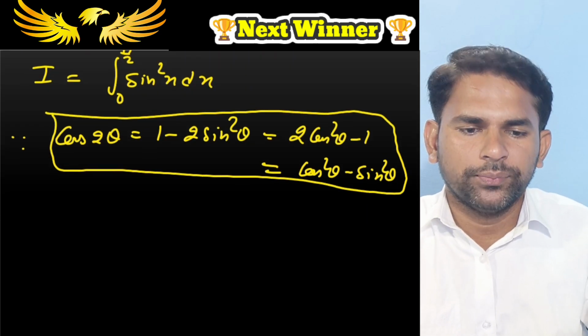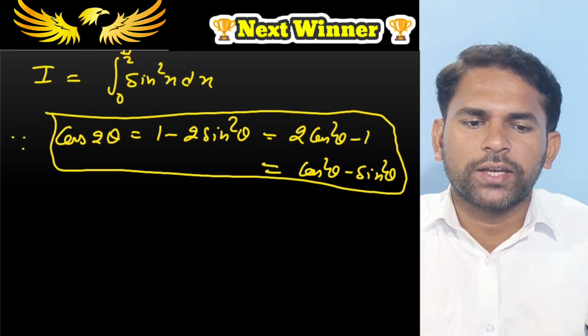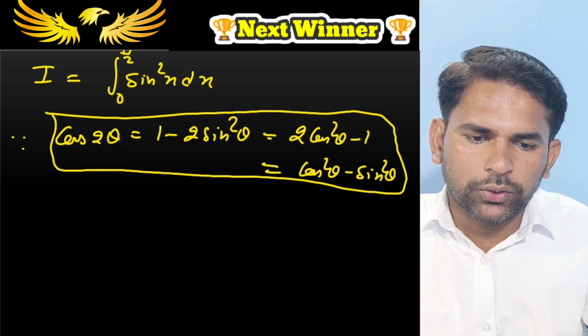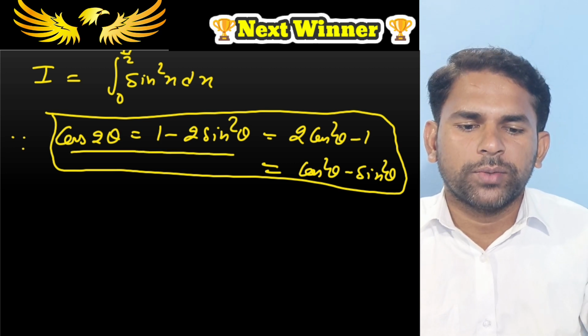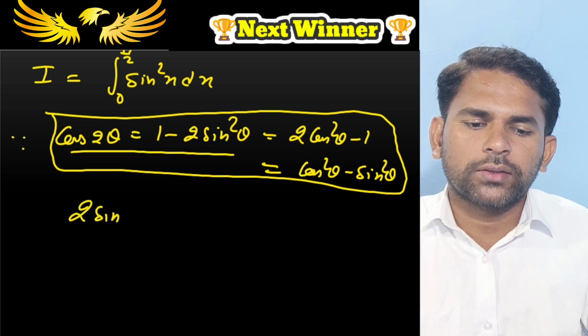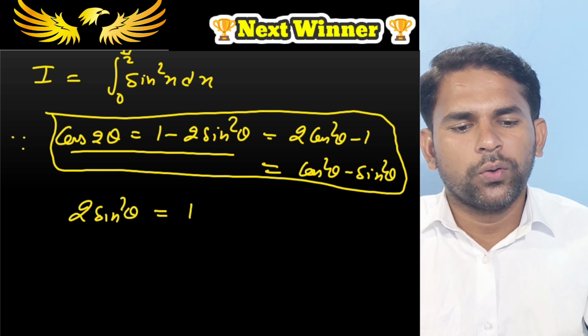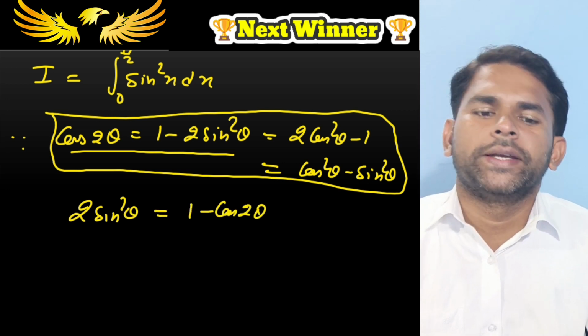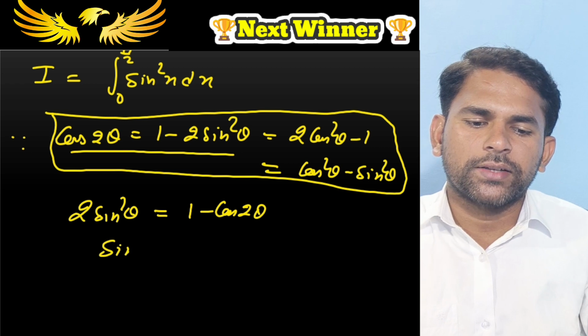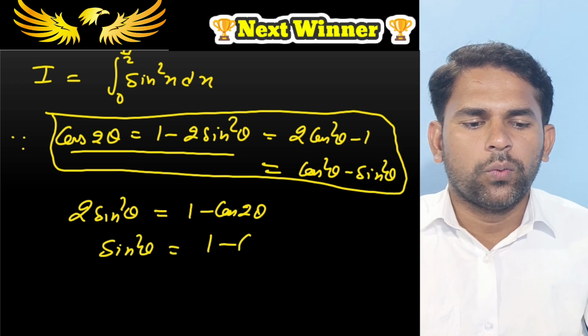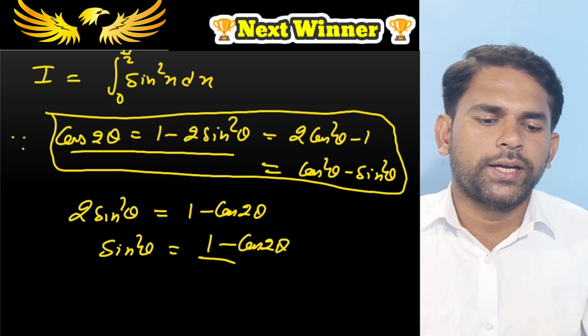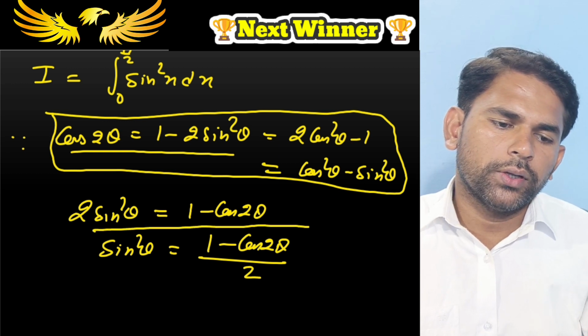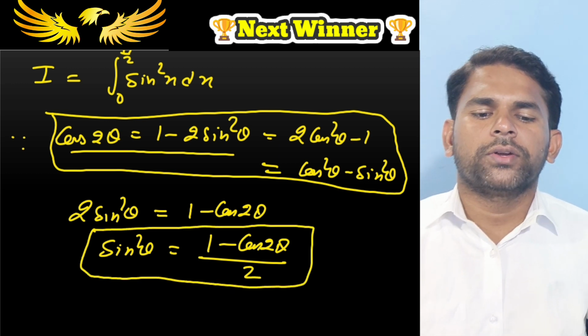If suppose I make some arrangement, I can write 2 sin square theta is equal to 1 minus cos 2 theta. So finally I can write sin square theta is equal to 1 minus cos 2 theta divided by 2. So we got the sin square theta value like this.